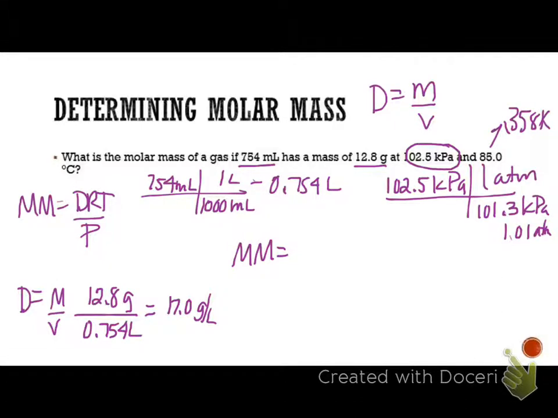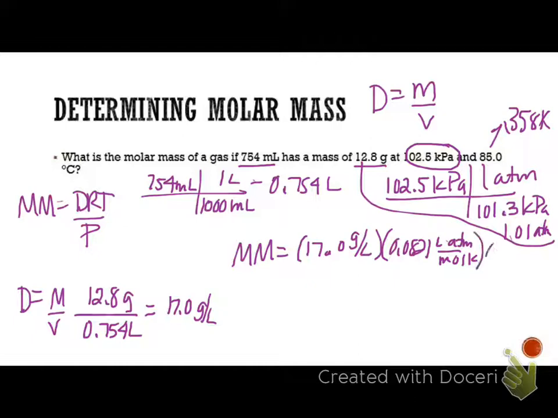So now we're ready to plug everything in. My density, we said, was 17.0 grams per liter. My R is 0.0821 liters times atmosphere over moles times K. I'm going to draw this little line here because I'm running out of space, times 358 Kelvin, divided by my pressure of 1.01 atmosphere.